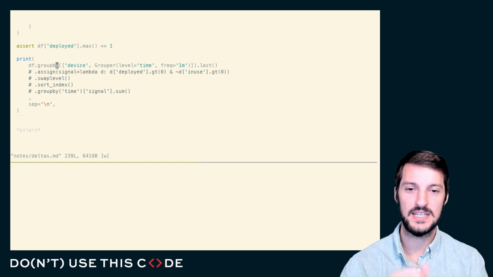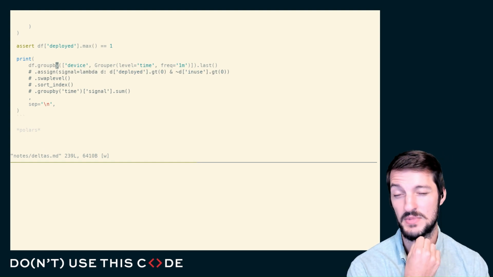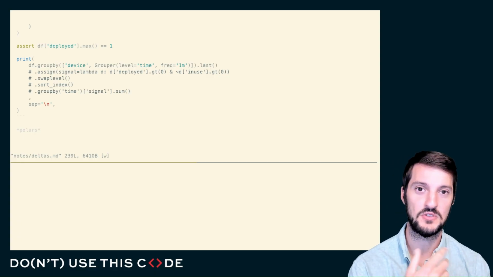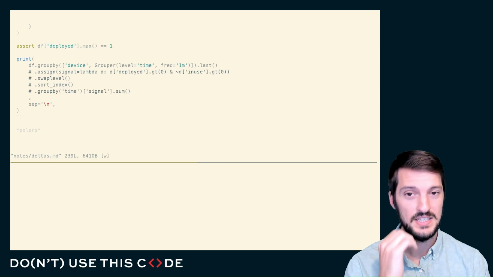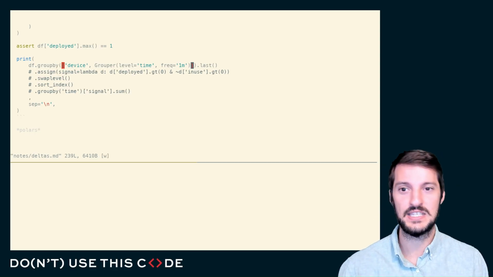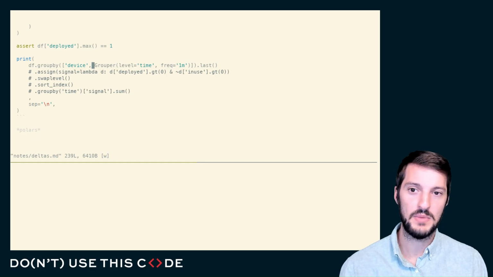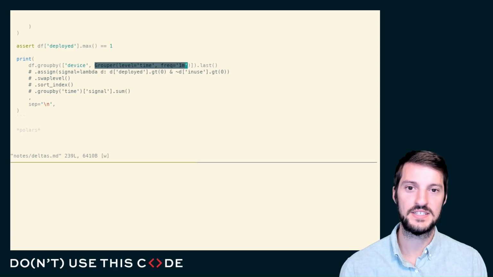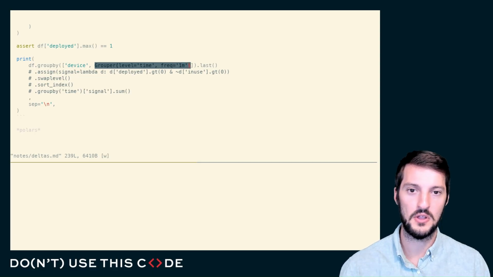And so instead of using the pandas resample, which does make the assumption that my datetimes are the sole entity in my index, I'm going to use a pandas Grouper. This is going to have a slightly different behavior than a resample because I'm going to create non-overlapping windows every 1 month. So I'm grouping on my device. So for every device, I'm going to break the time series down into month-long chunks.